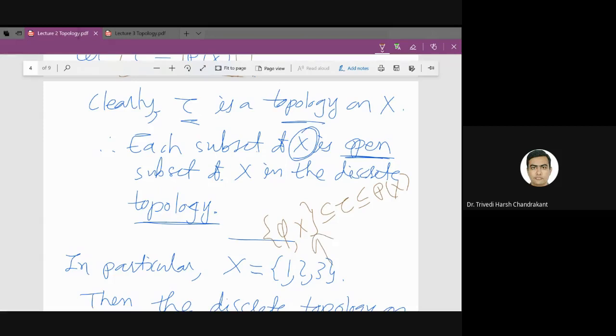This case is called trivial topology. This is called full topology, in other words, discrete topology. All other topologies are in between these two.